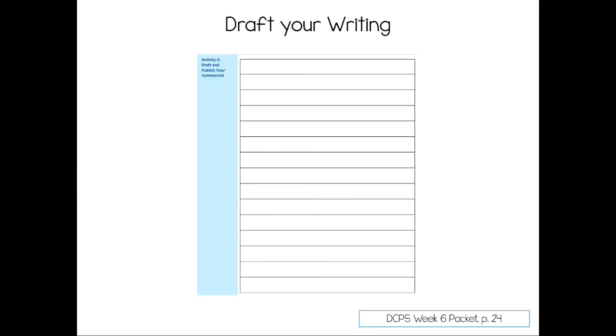So here we see on page 24 of our week 6 packet, space to draft the first draft of our commercial script. So we're taking our outline and we're drafting it into a complete and interesting essay. As a reminder, this starts with our TS, then our detailed sentences, followed by our concluding sentence.